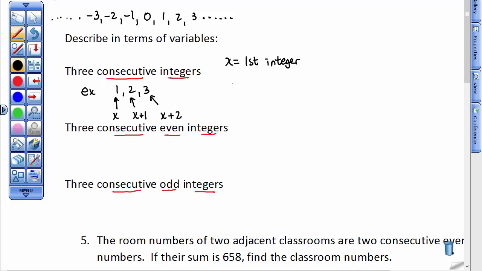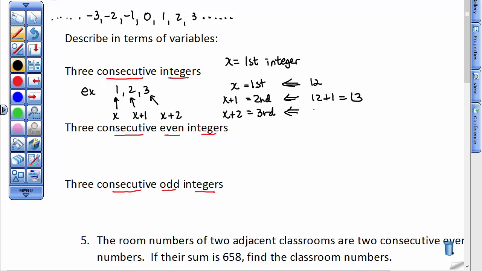So a way to express 3 consecutive integers as variables is: x is the first, x plus 1 is the second integer, and x plus 2 is the third. Because if x was 12, then the next integer would be found by putting 12 in for x and adding 1 to it, and 12 plus 1 would give you 13.